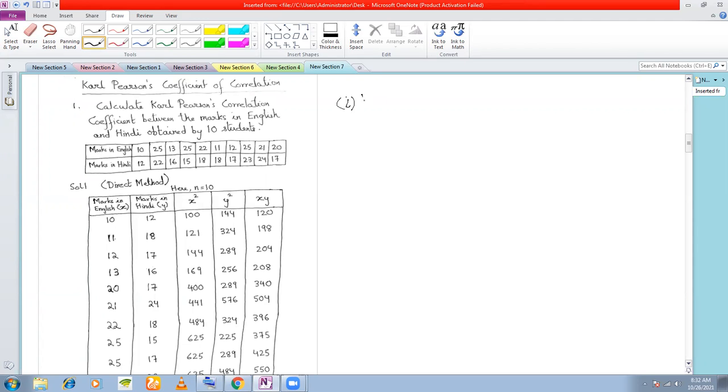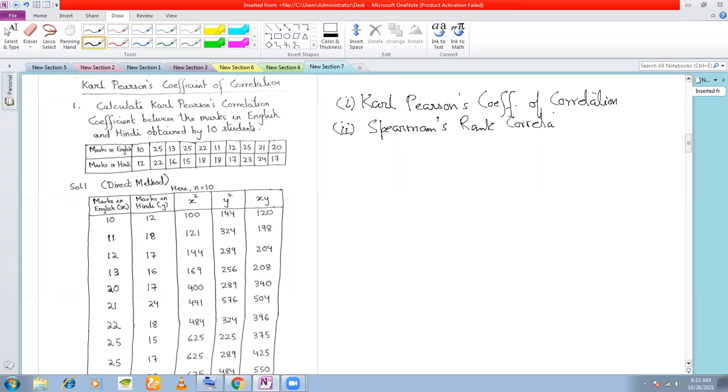The first is Karl Pearson's coefficient of correlation, and the other is Spearman's rank correlation. Okay, these are the 2 methods for calculating the correlation coefficient.